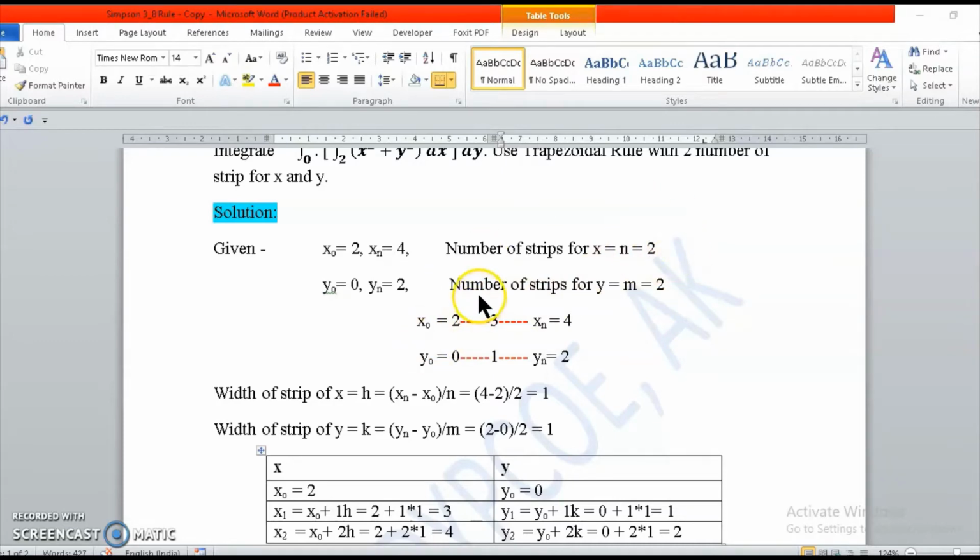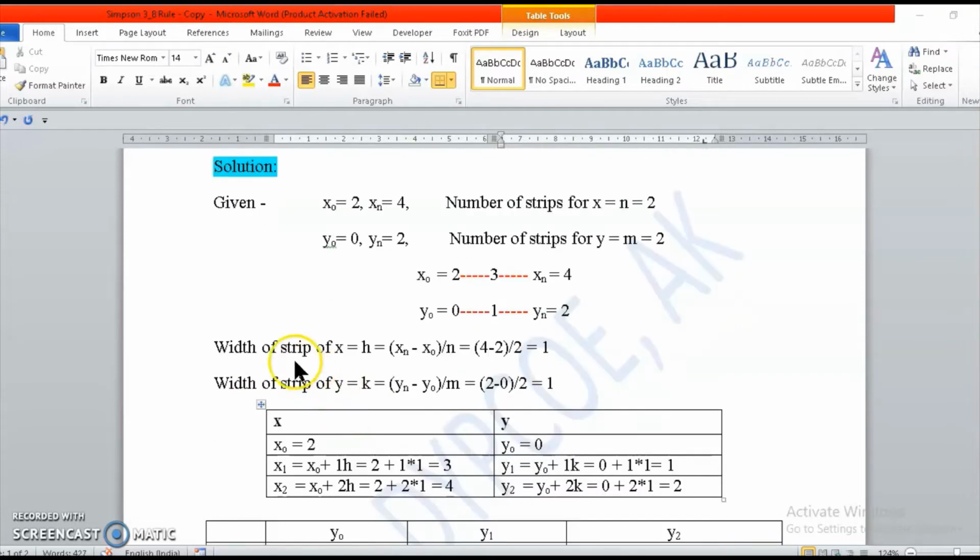This is strip 1, this is strip 2, divided into 2 strips. Similarly for y, the total length is 0 to 2, and it is to be divided into a first strip and a second strip. Then how to calculate this distance? This distance from 0 to 1 is called the width of the strip.